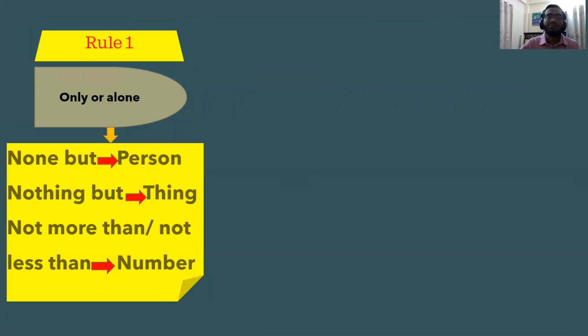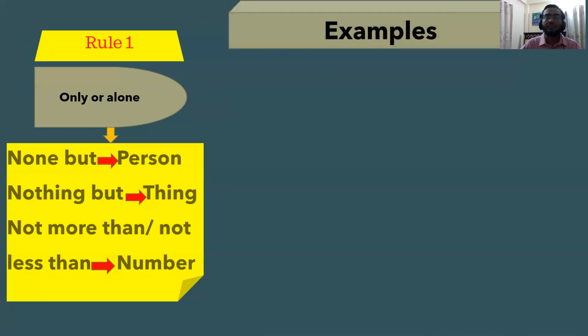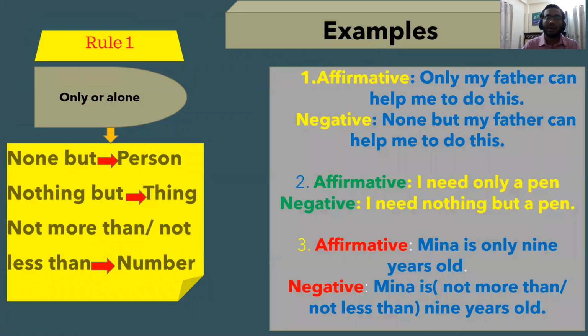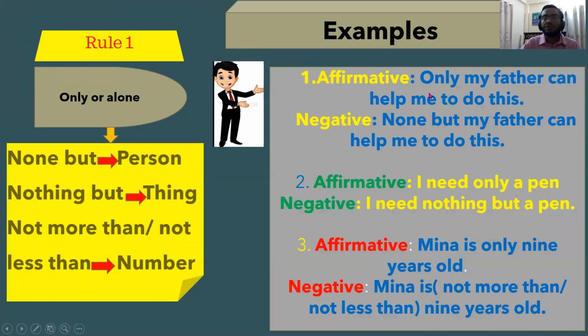Now, let me give an example here. I'm going to give 3 examples here because of person, thing, number as usual. In case of person, the example will be, affirmative: only my father can help me to do this.